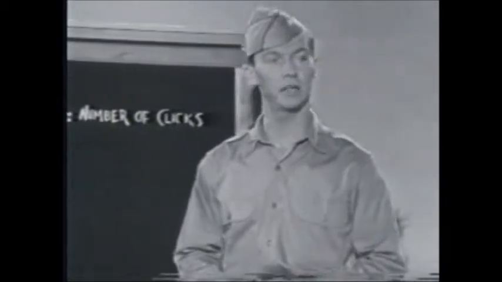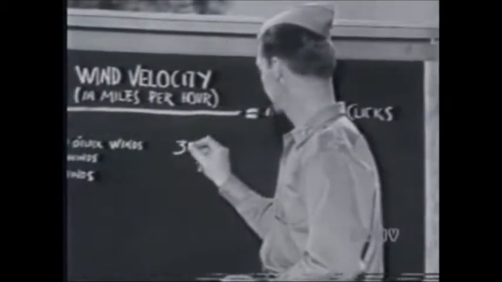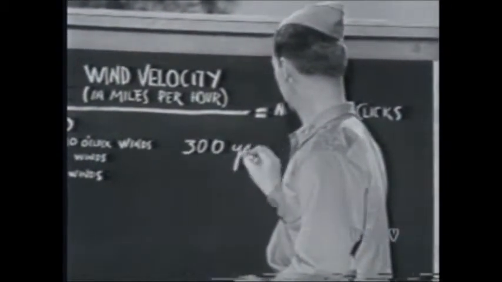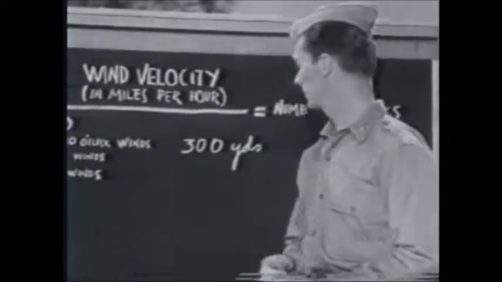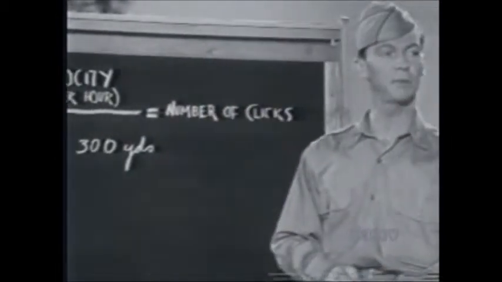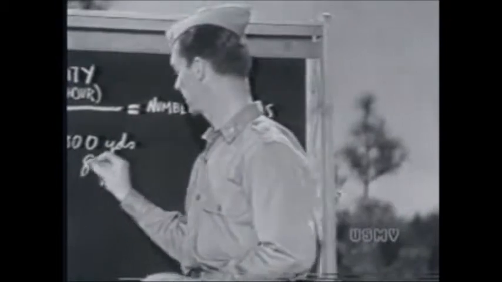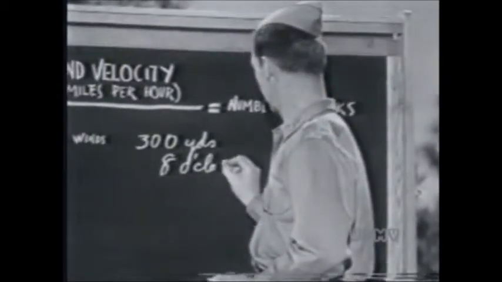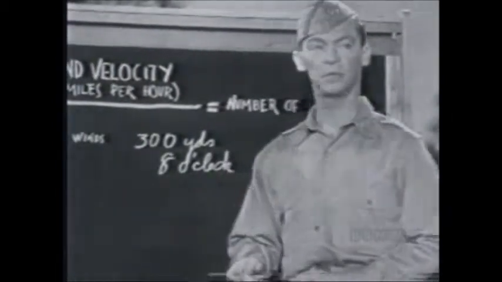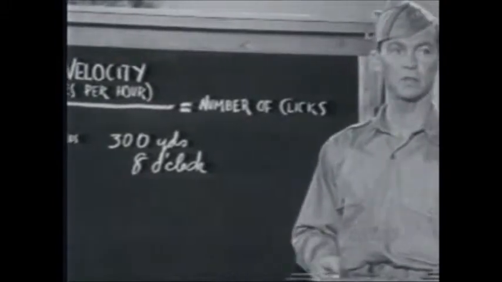Now I'll do one more problem for you. Your range is 300 yards. Your wind is coming from 8 o'clock. And you estimated speed to be 12 miles an hour.